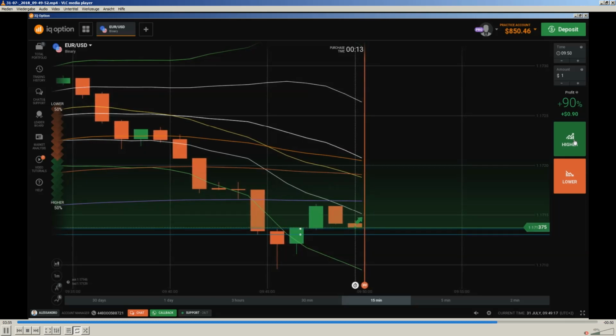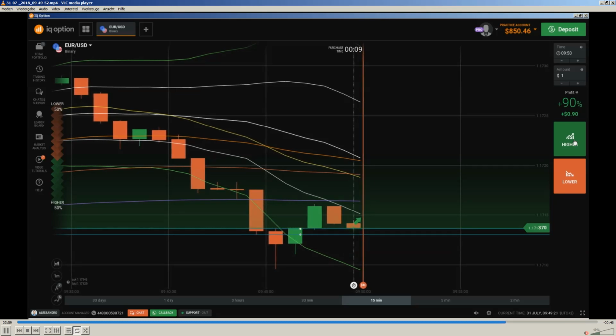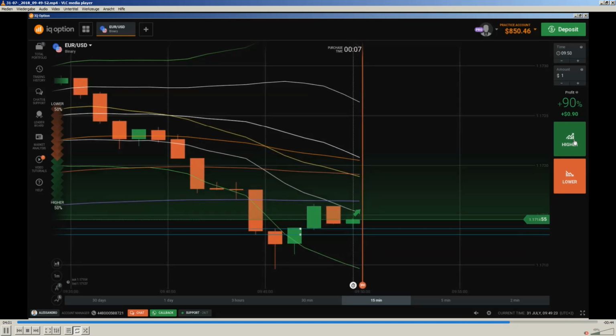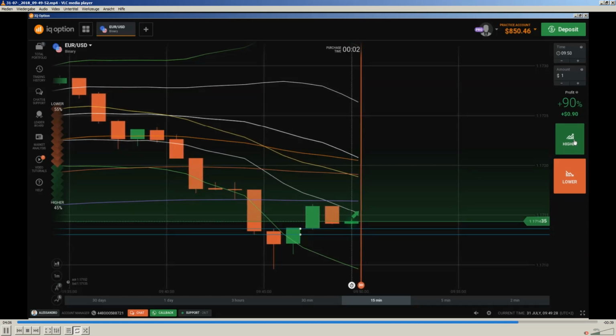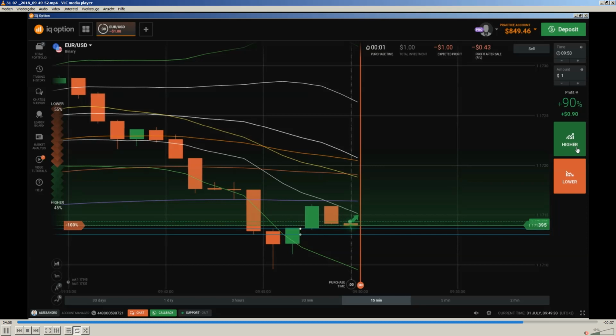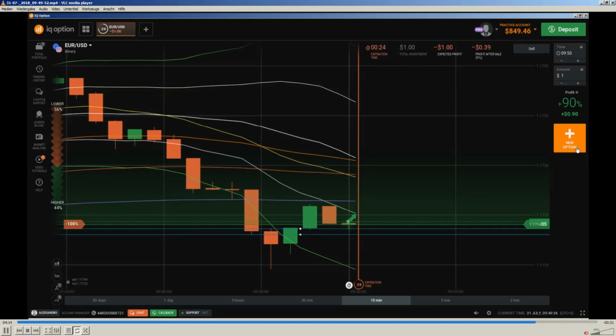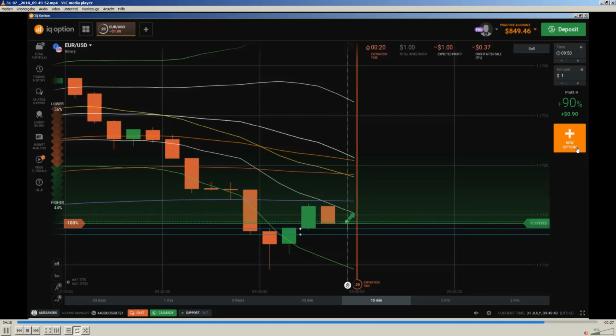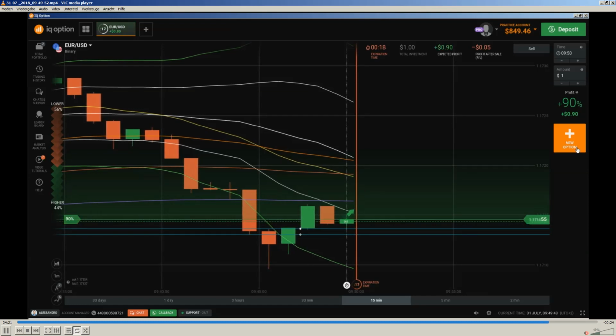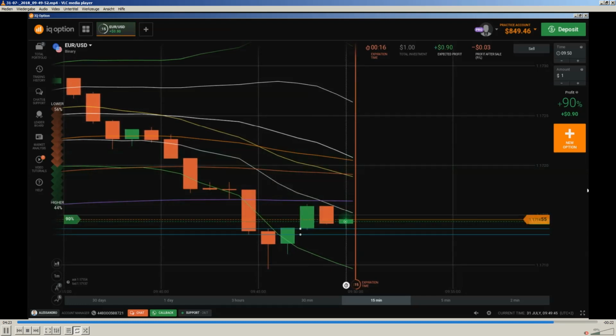It was already the time to enter into a call, but I'm waiting for the last few seconds. To be honest, I would have entered already earlier into this trade, but I was not sure what's happening. From this rejection, I would have entered earlier into this trade, because I would understand that it would be a support level now.